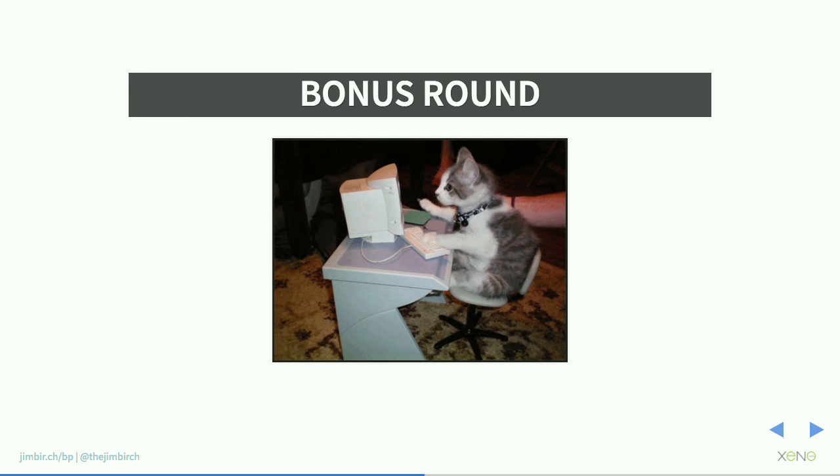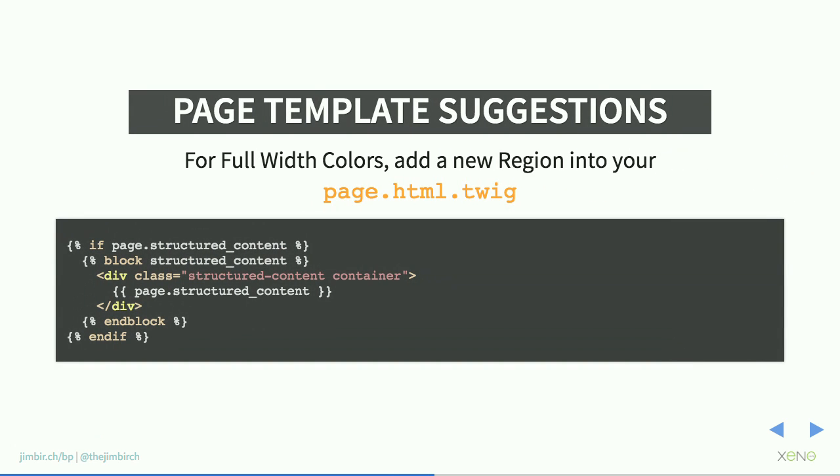Bonus round. One of the things I found is that both container and container fluid in Bootstrap, especially container fluid, have some margin on the side. So when you apply full color to a container fluid in a row, there's still a little bit of white on the side.